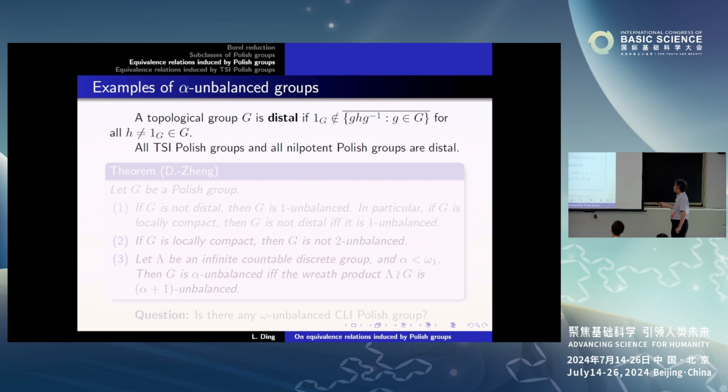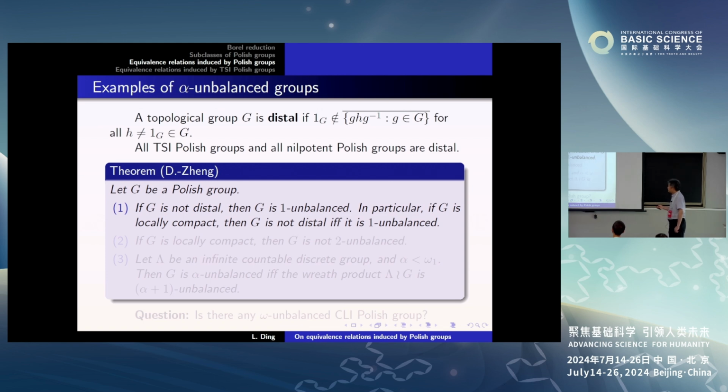This means the identity element is not in the closure of all these elements. A known result for distal is that all TSA Polish groups are distal, and also all nilpotent Polish groups are distal.